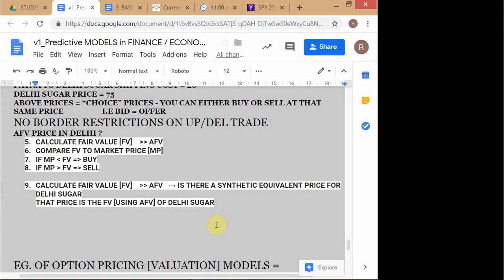You try to observe the situation and see if there is a synthetic equivalent for Delhi sugar, and if it exists, the price of that synthetic equivalent. Here the synthetic equivalent is buy in Patna, ship it over to Delhi. So it's not just 45 but 45 plus 20. To make it equivalent you have to ship it over. So the price of the synthetic equivalent is the fair value using AFV of Delhi sugar.